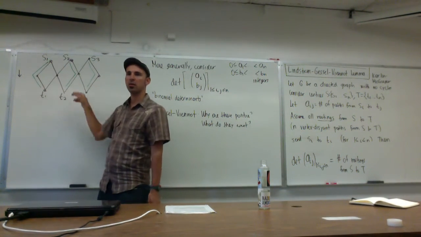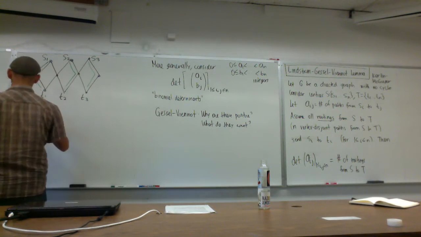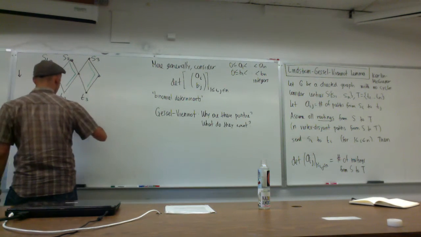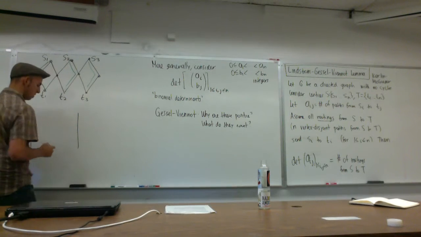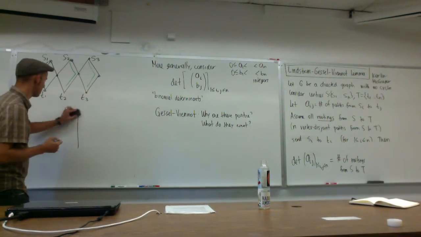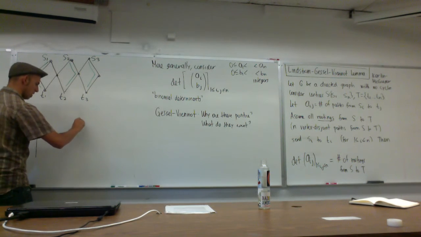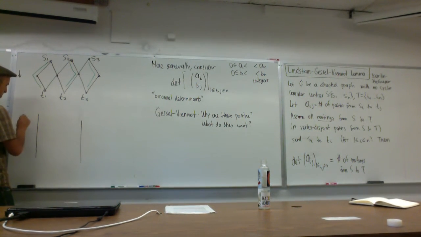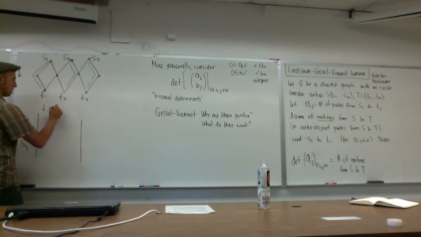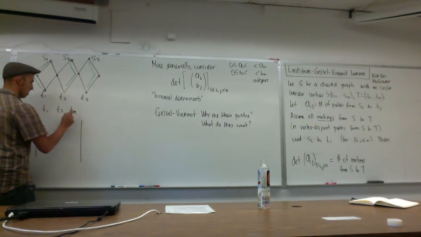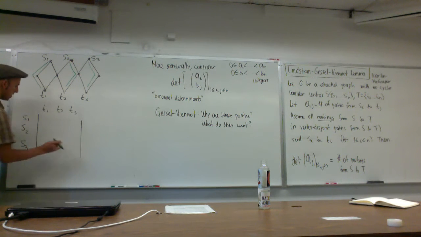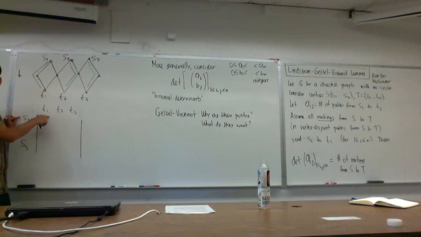You cannot get from... Actually, let's do it real quick. So we're making a matrix where the rows correspond to the Si's and the columns correspond to the Tj's. And then I say, how many ways are there to go from S1 to T1? Well, you either go this way or this way.